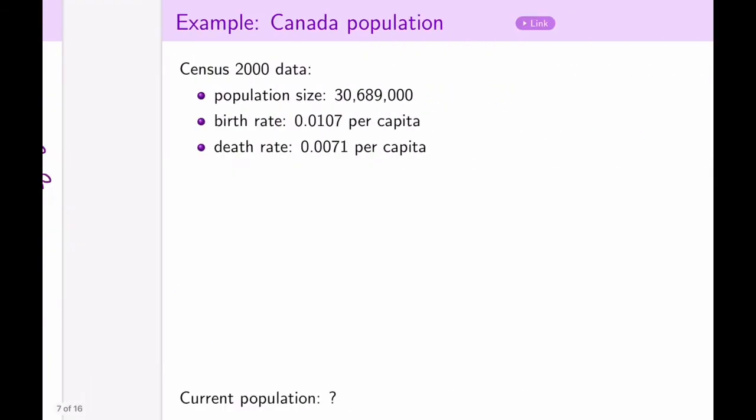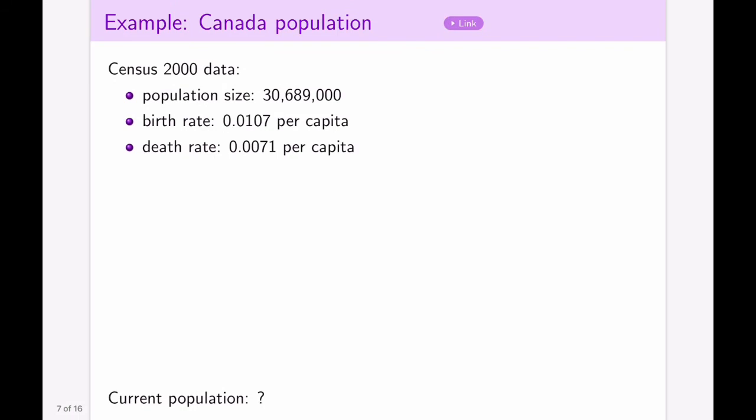Let's take a look at real Canadian population data. We're going to take the census of 2000, build a model based on that information, and then predict the population for the current year based on our model. So I'm going to start with the population size in 2000 being 30,689,000. So this is going to be my P of 0.